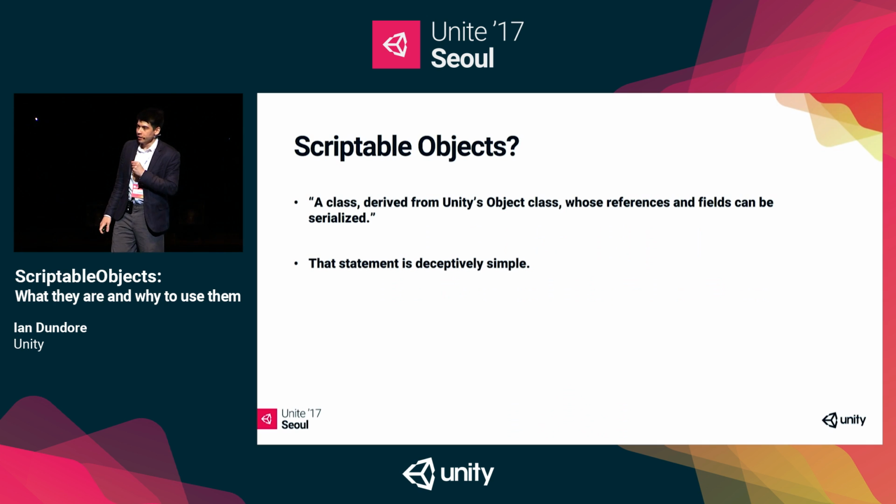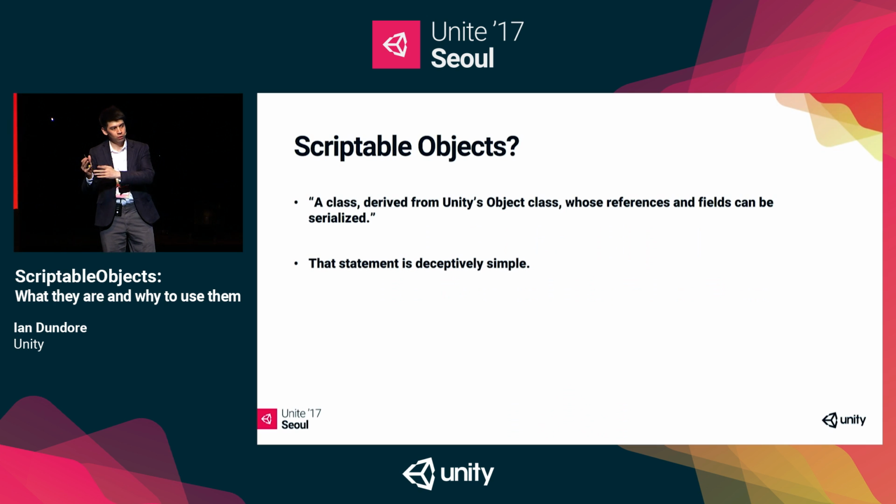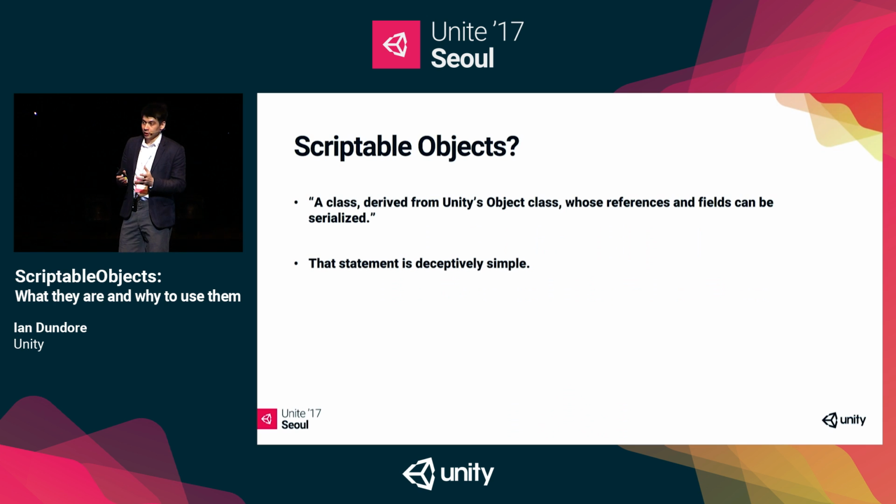Also, Unity understands and keeps track of the references both to and from a scriptable object. If this sounds simple, that's because it is. Scriptable object is a simple class with a simple API, and that's a good thing.